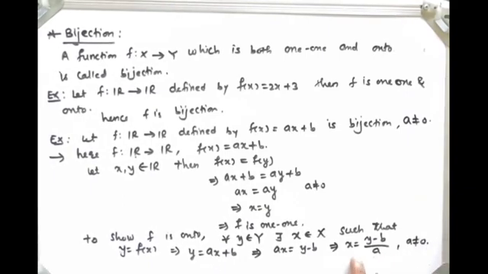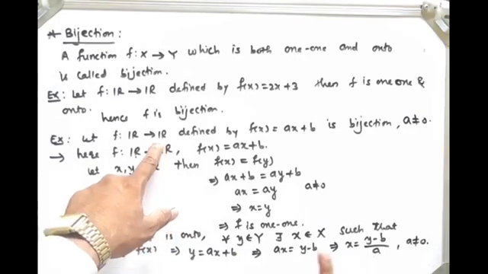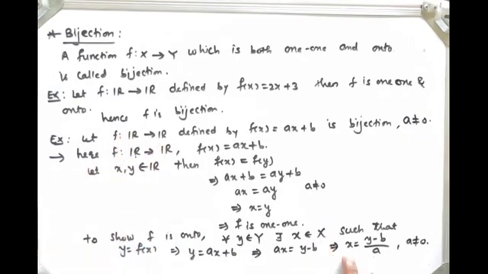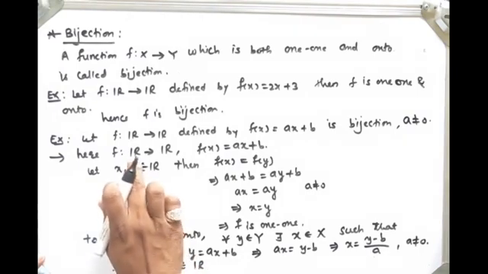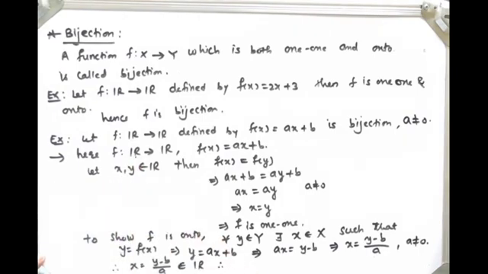Here we have taken y belongs to the codomain, which is the real numbers R, and x belongs to X, which is again from R. So y belongs to R, then (y minus b) upon a again belongs to real number R. Therefore x is equal to (y minus b) upon a, which is from real number R, which is the domain. Means f is onto function.